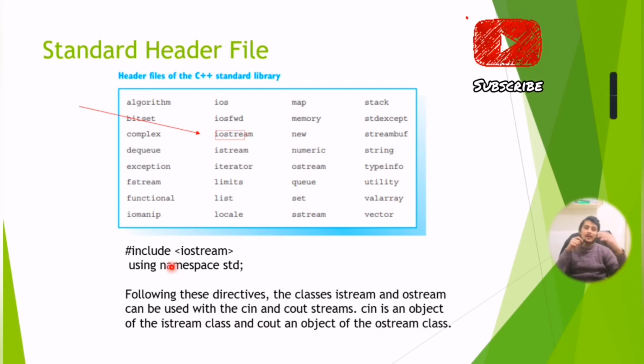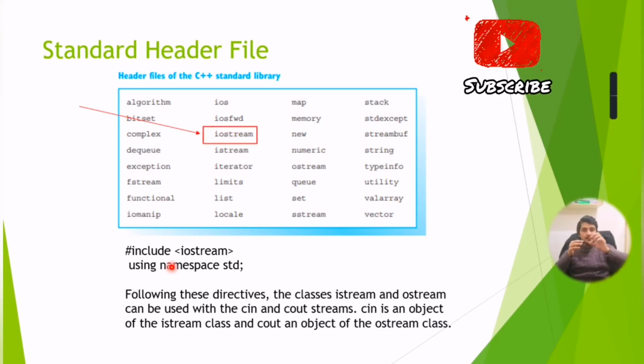So what does iostream mean? Iostream basically directs to the input stream and output stream of the C++ standard library. For example, C++ has a certain library from which you can take certain values and use them in your program, and you need to direct those values.